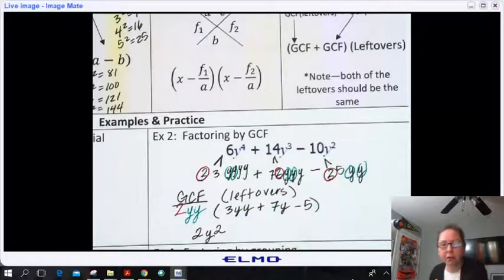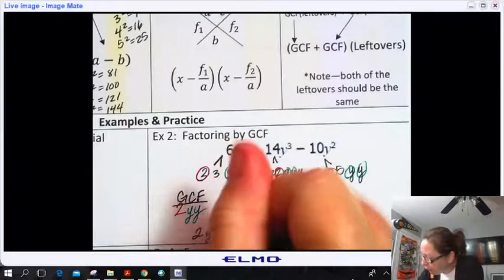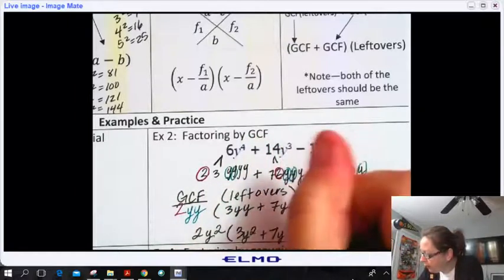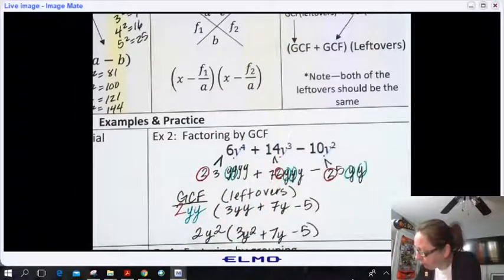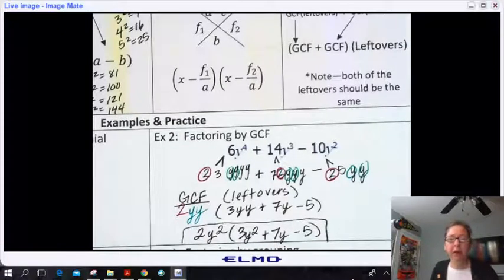Those are all my leftovers. And so all I need to do when I bring it down is just clean it up. 3y times y is the same as 3y squared, plus 7y minus 5. And this is my final answer, just factoring by GCF, or greatest common factor.